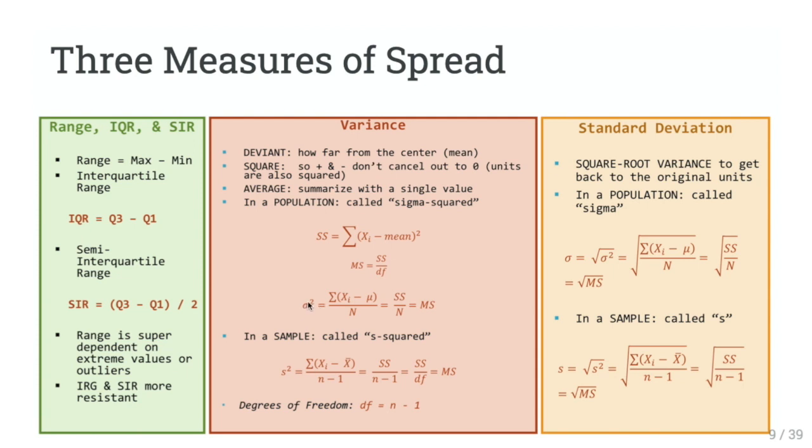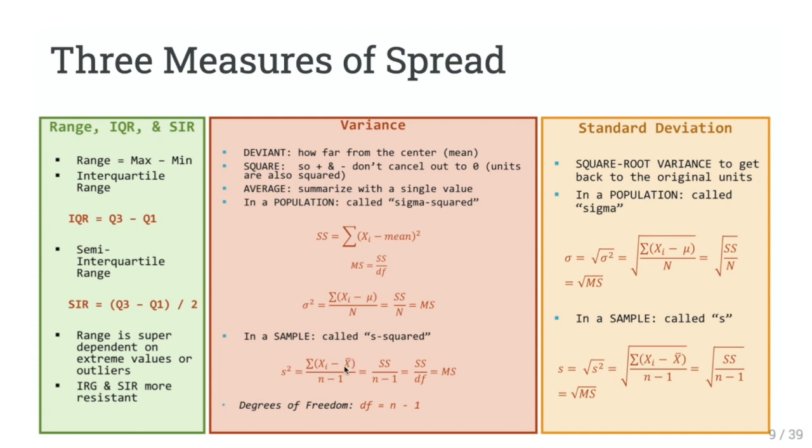Ultimately, these are the same thing. So MS and the squared value, you're going to see both in this class, and they're talking about the same thing. In the population, this is the equation. In a sample, that's normally denoted as s squared, and it's going to look like this. So you're going to use n minus 1 for these. For all of our work, we're going to be using a sample, and so n minus 1 is how it's going to be for the variance.